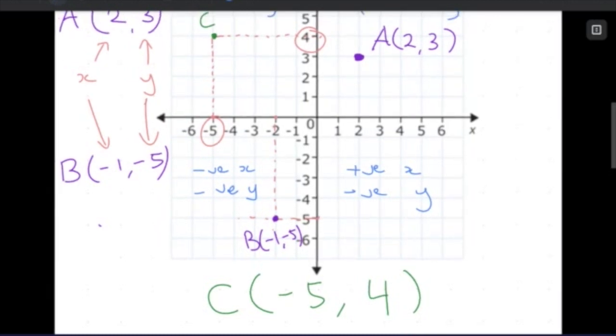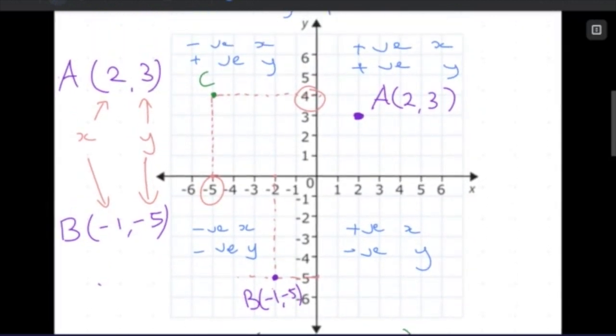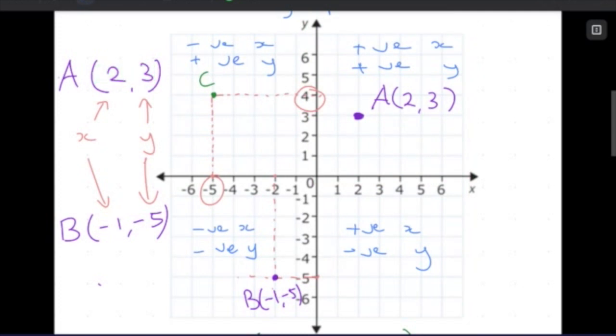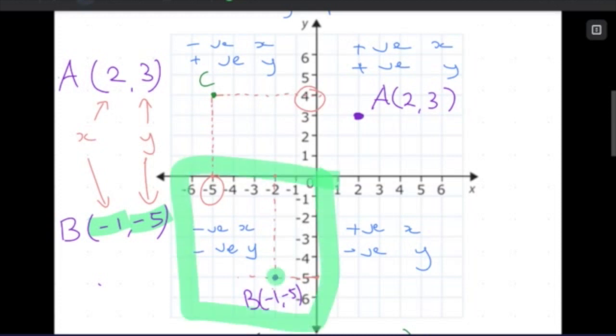And all these points kind of check out. My A had positive X, positive Y. So it was located up here. My B had negative X, negative Y. So it makes sense that it would be located in this quadrant. And we call these things quadrants. Because we separate our XY plane into 4 separate quarters, we can call these quadrants.